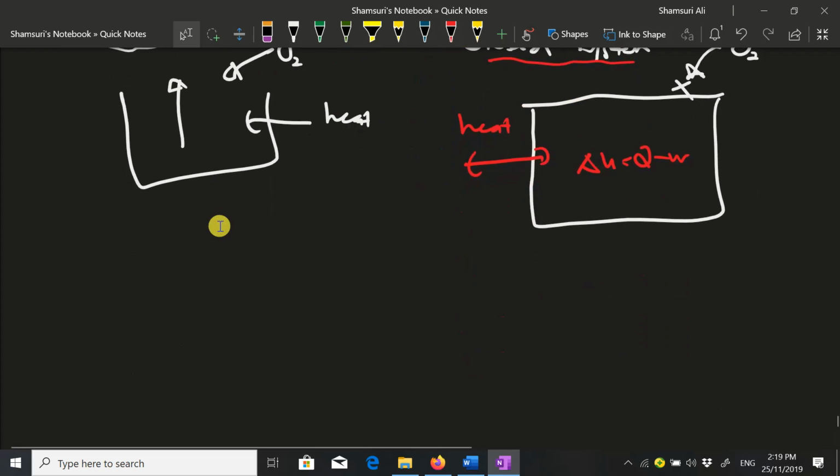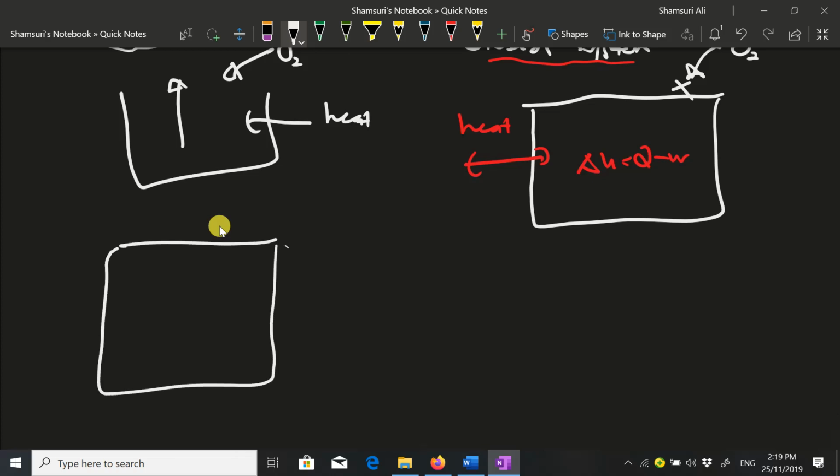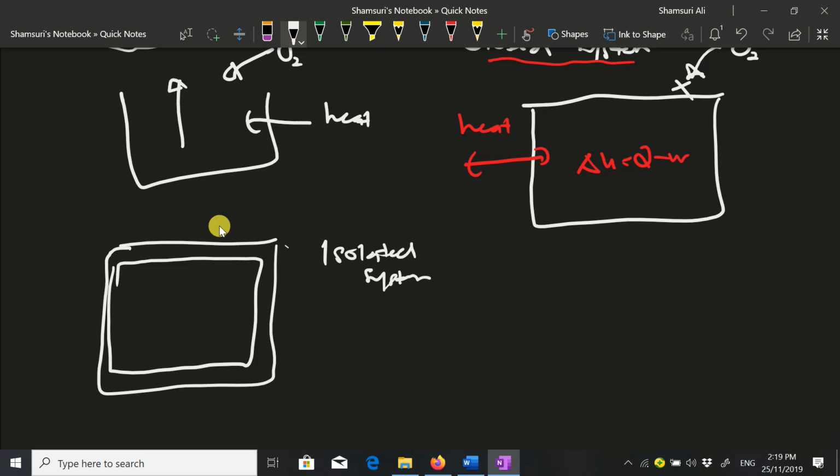Another last case is the isolated system, where the heat cannot go in or out.